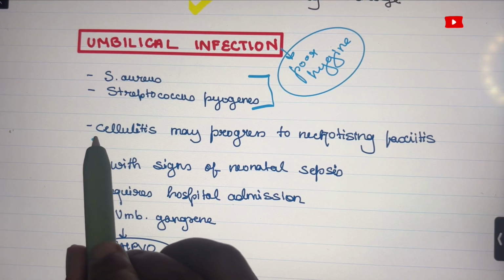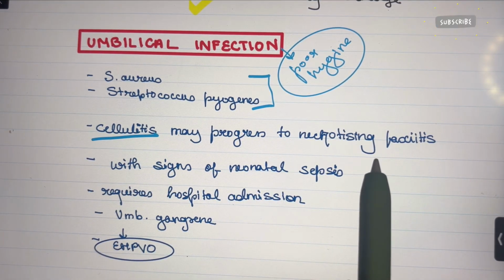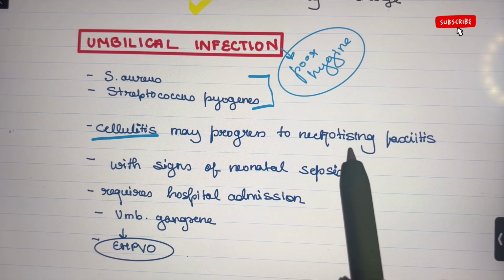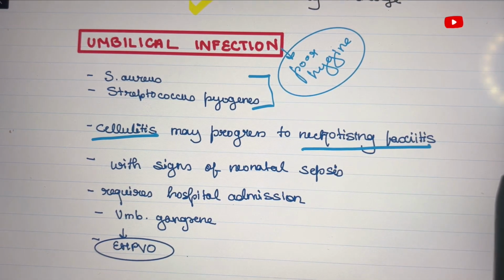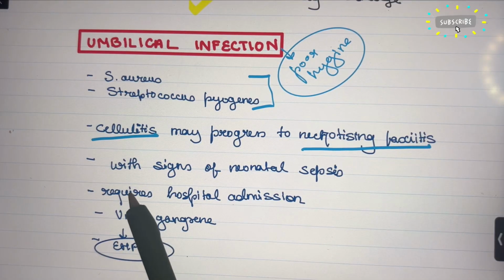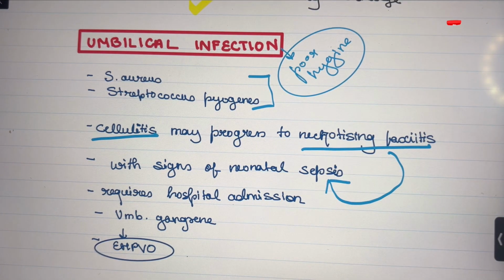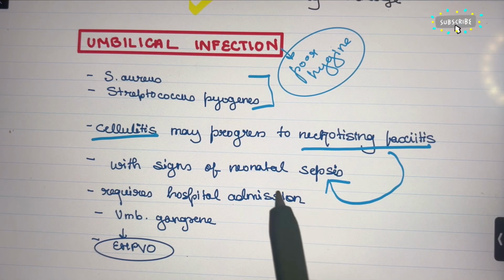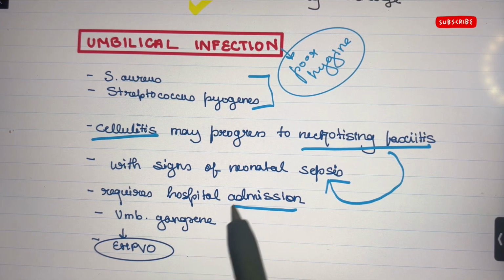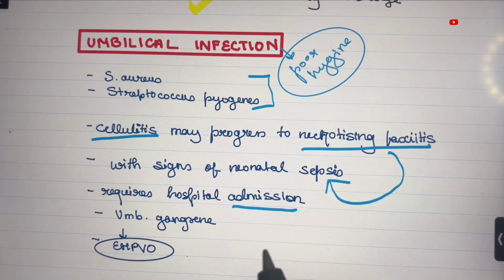There may be cellulitis in the region of the umbilicus, which might progress into necrotizing fasciitis if ignored, and later they will present with signs of neonatal sepsis. These children require hospital admission, and if it progresses further, it will cause umbilical gangrene.